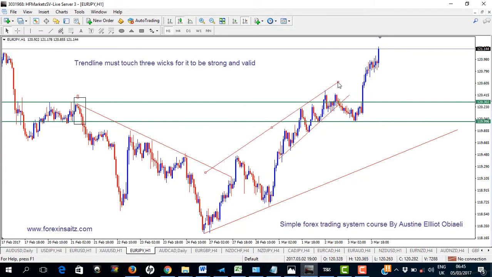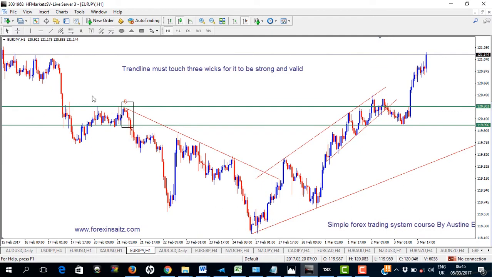It's not something that is done by force. If it does not fit, you leave it and move elsewhere. Now, when you look at this, we have the trend lines 1, 2, and the third one. Trend lines are used for spotting support and resistance zones that normal horizontal lines can't spot.